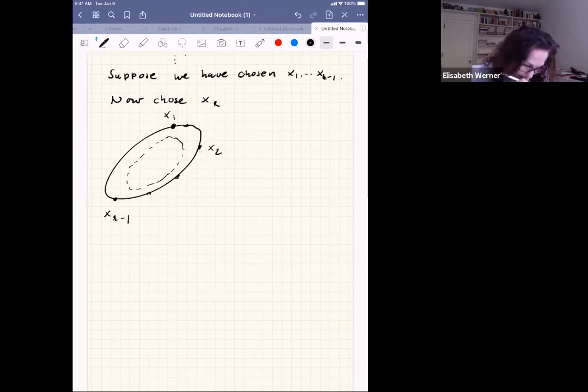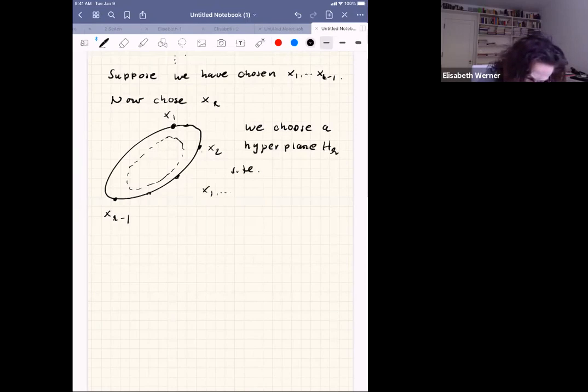So we have chosen those points, x1 up to xk minus 1, and next we choose a hyperplane Hk, such that x1 up to xk minus 1 are all sitting in Hk plus, and K delta sits in Hk plus.